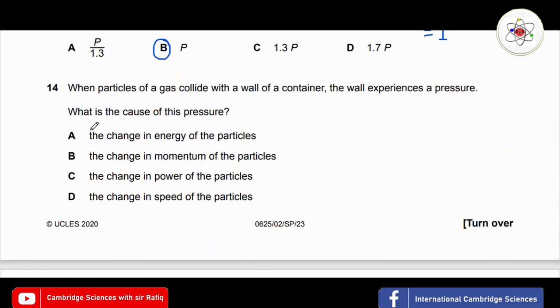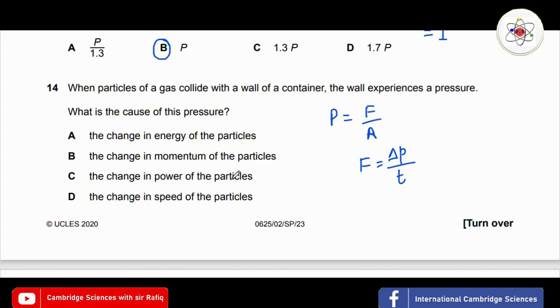Question number 14. When particles of a gas collide with the wall of a container, the wall experiences a pressure. So what is the cause of this pressure? As you know, pressure is force per unit area, all right? So as force increases, pressure should also increase. Why is force increasing? Because force is the change in momentum per unit time, all right?